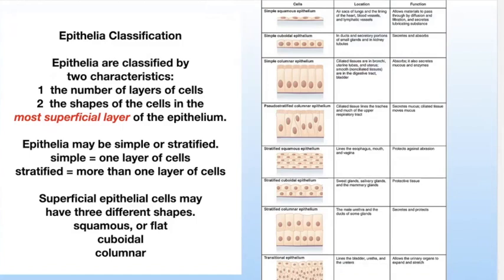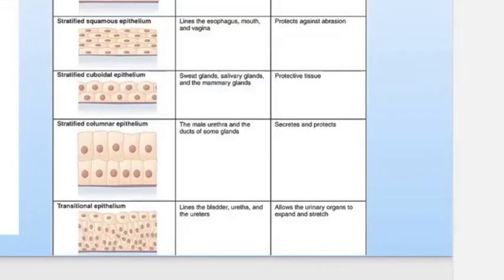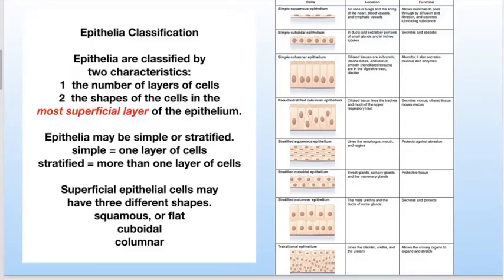So epithelium may be simple or stratified. Simple epithelium have one layer of cells. Stratified epithelium have more than one layer of cells, so 2 and beyond. Superficial epithelial cells may have 3 different shapes. They may be flat or squamous, cuboidal, or columnar.